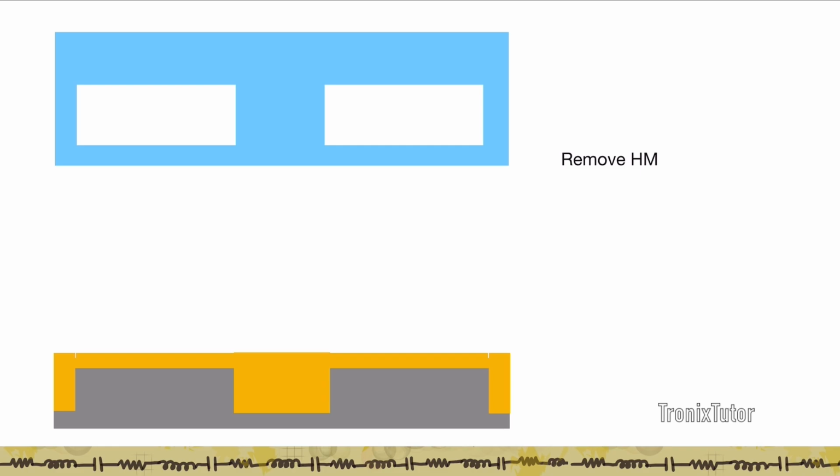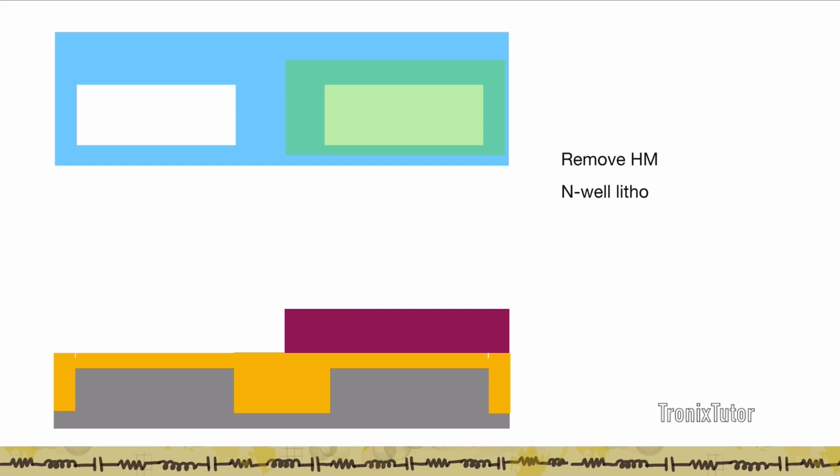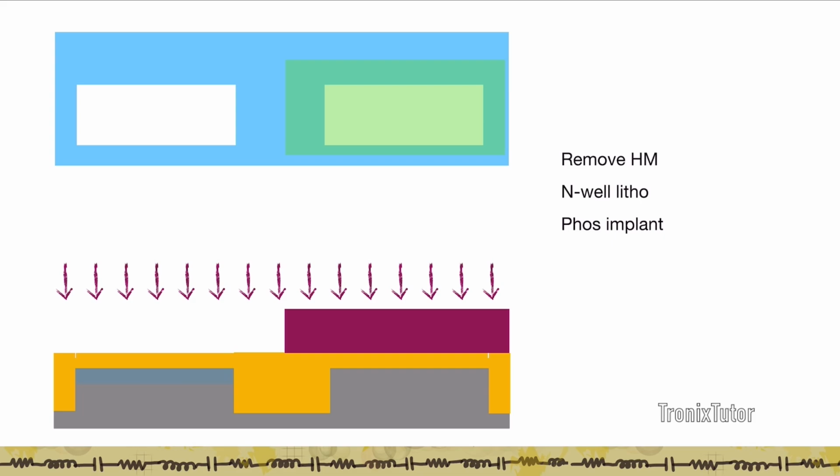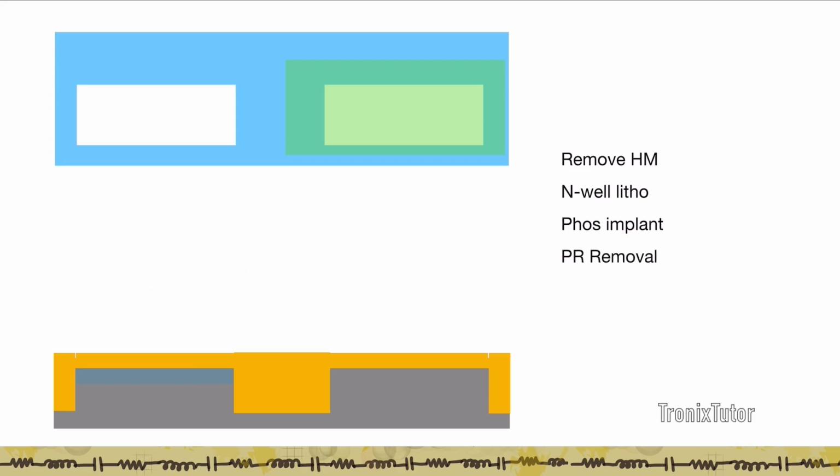So we remove the hard mask, and we define the N-well region. In other words, we define the region which is going to form the PMOS transistor. We remove the resist from where the PMOS is supposed to be and then implant it with phosphorus. Phosphorus ensures that this region becomes N-type silicon, and then we remove the photoresist.